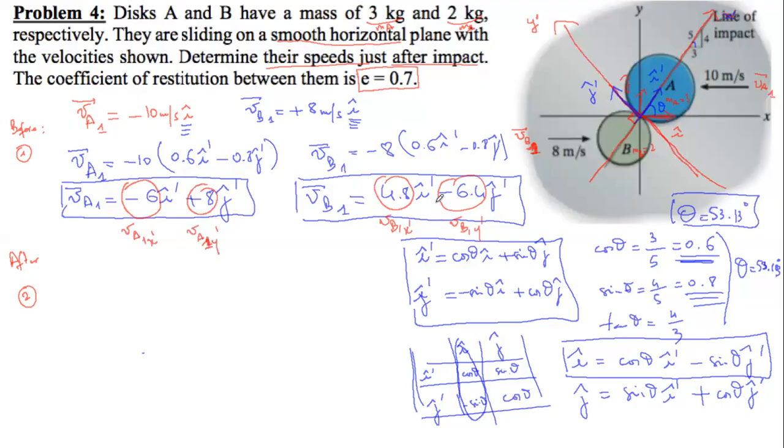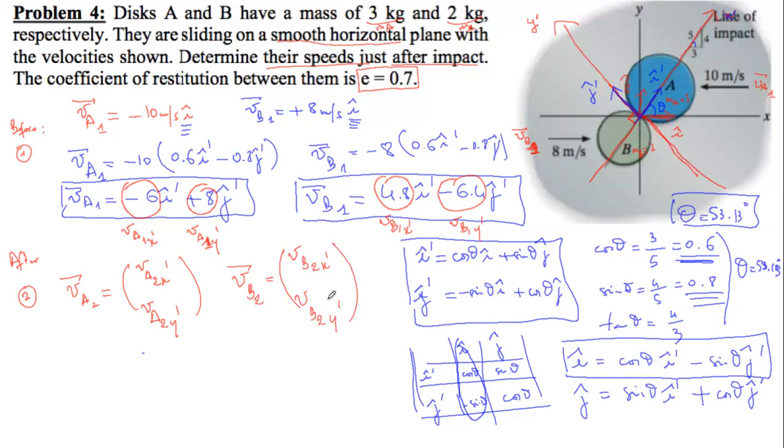Now, after collision, I will have VA2, but in the X prime, Y prime direction. Basically, I will have VA2 X prime and VA2 Y prime. Then I will have VB2 X prime and VB2 Y prime.